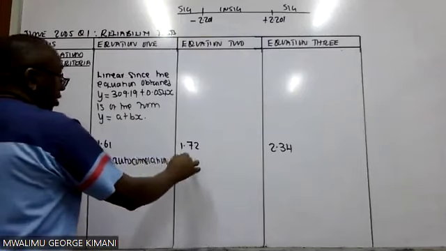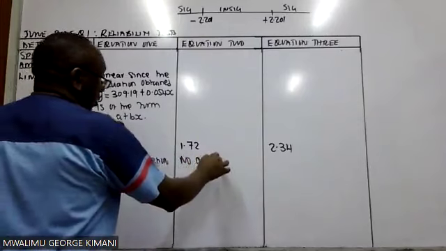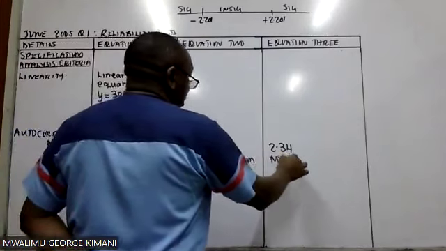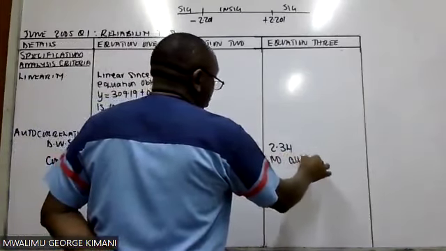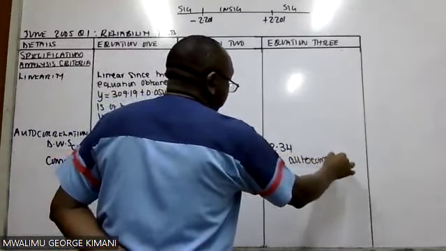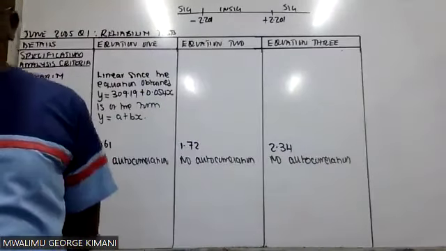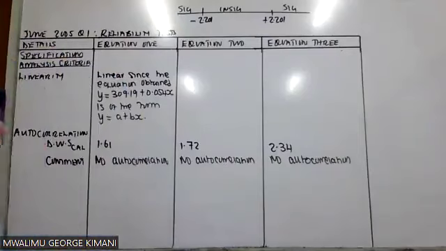Even here, no autocorrelation, and even here, no autocorrelation. They are all within the range, so there is no autocorrelation.